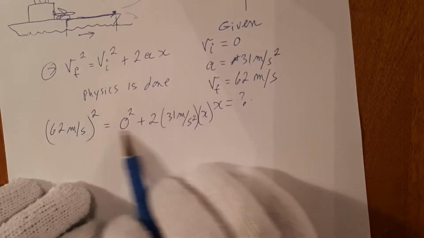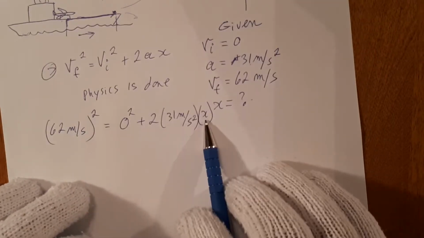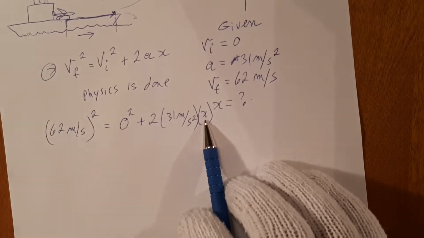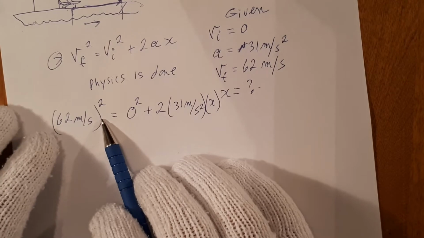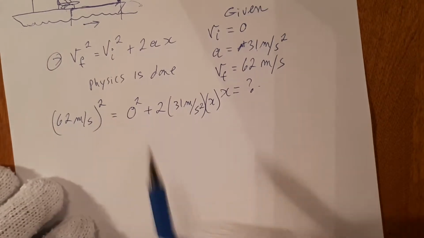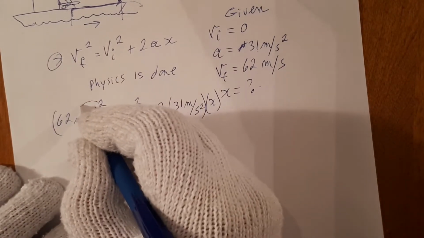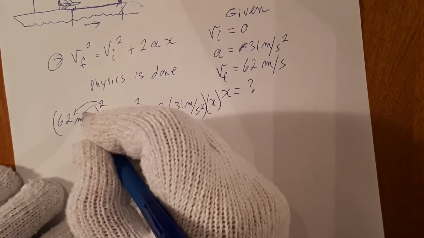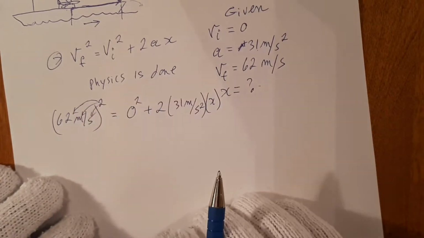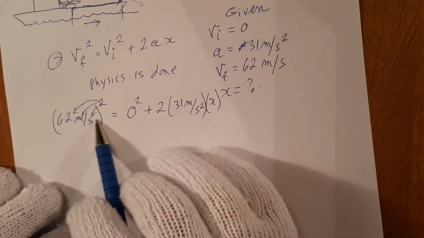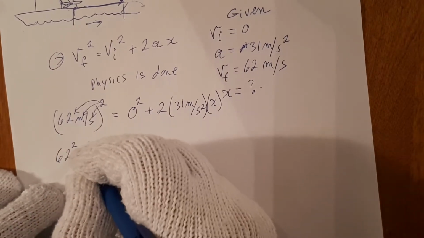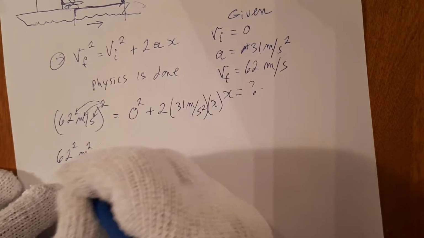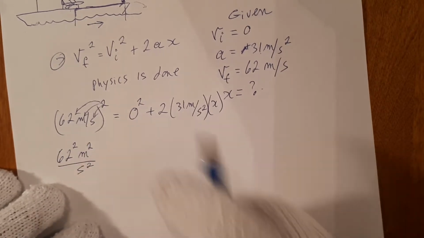All that's left to do here now is algebra. So moving forward, let's remove these brackets on the left-hand side. This 2 operates on the number 62, it operates on the meters, and it operates on the seconds. In order to remove that bracket, it would look like this: 62 squared meters squared per seconds squared.